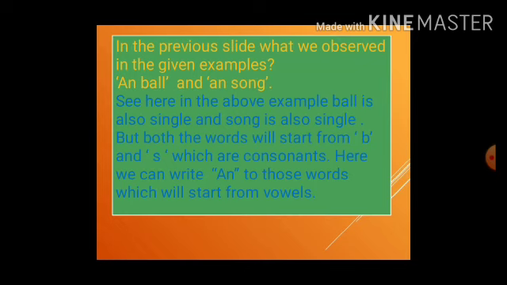Just in the above example we have observed ball, B is a consonant, song, S is also a consonant. So if we write an here, then our sentence will become wrong, or our frame of sentence will become wrong.